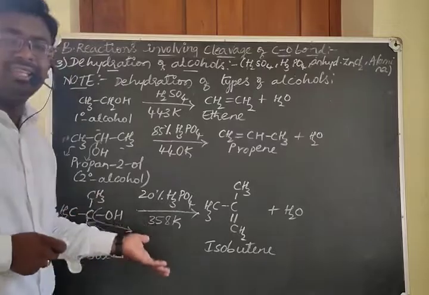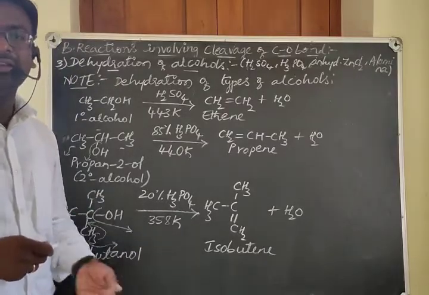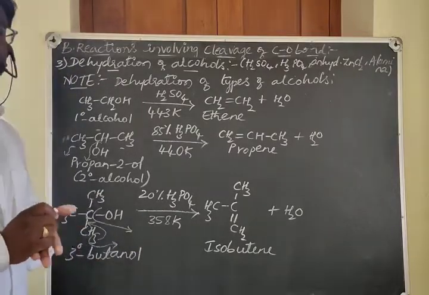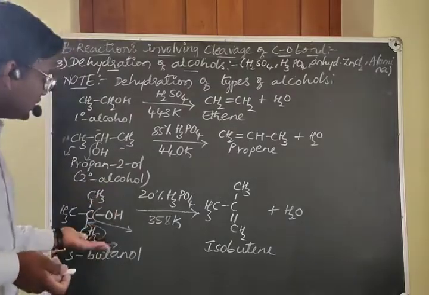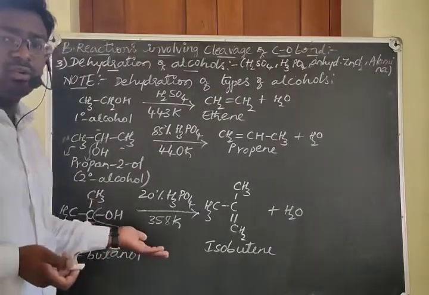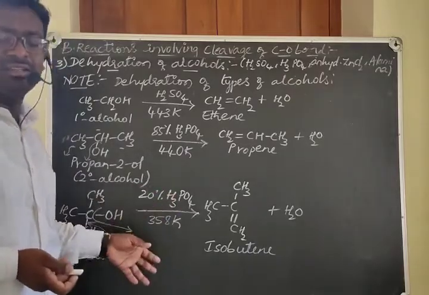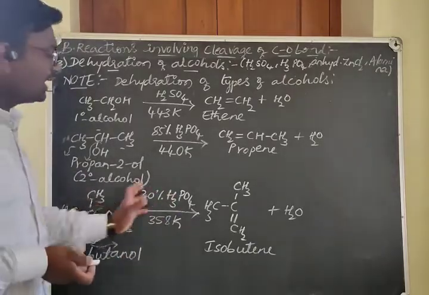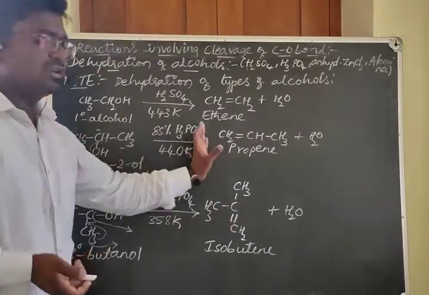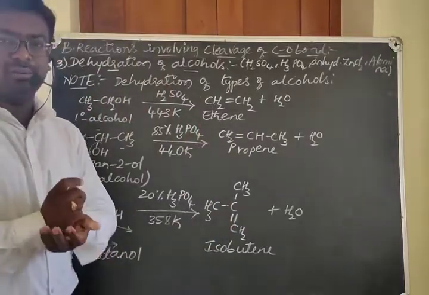So what you are thinking of is the order of dehydration of alcohols. Which one is readily undergoing it? The tertiary butanol is readily undergoing the dehydration reaction with a weak dilute acid at a low temperature. Next one is the secondary alcohol. The next one is the primary alcohol.